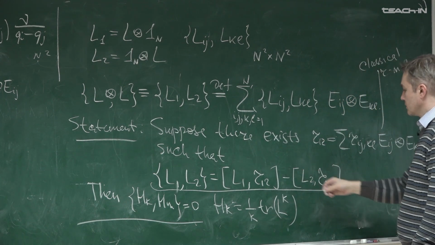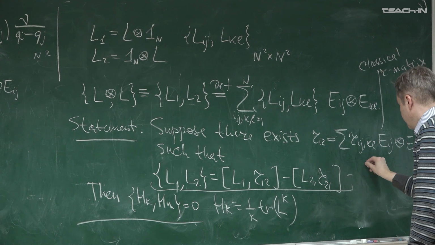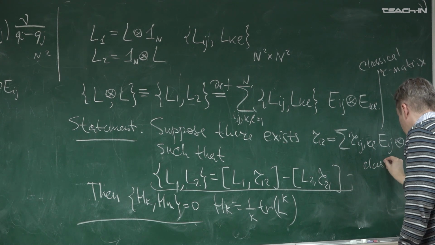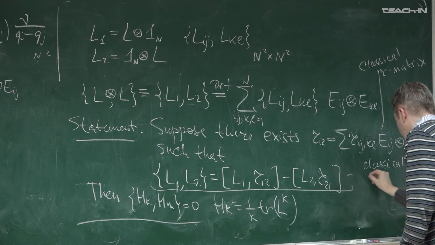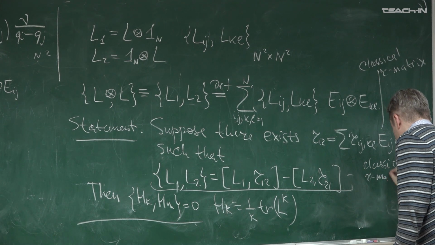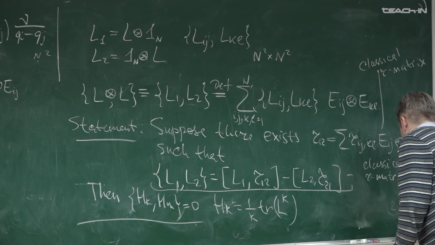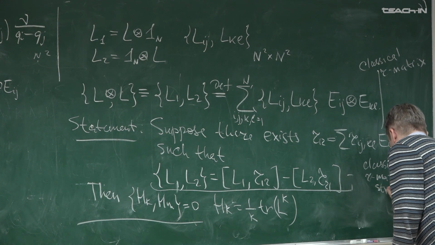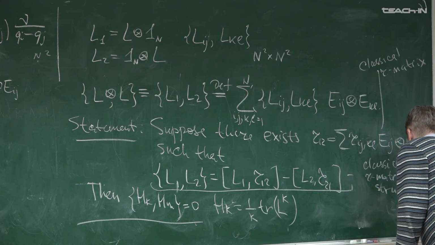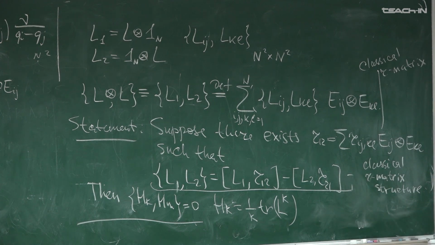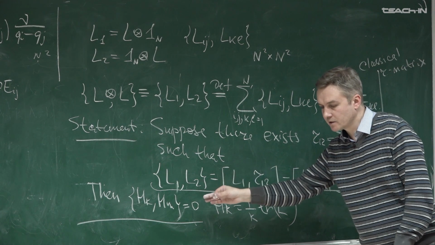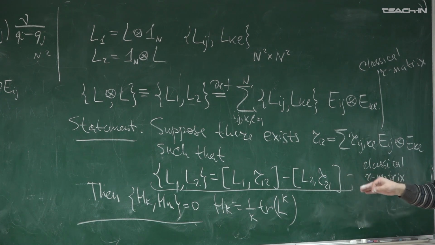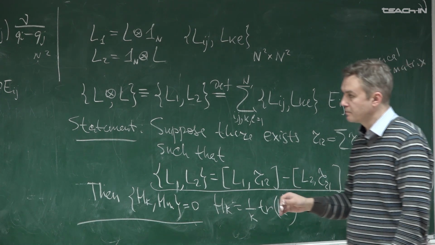This equation is called the classical R matrix structure. And this relation can be considered as a sufficient condition for Liouville integrability. It's not necessary, in fact, but it is sufficient.